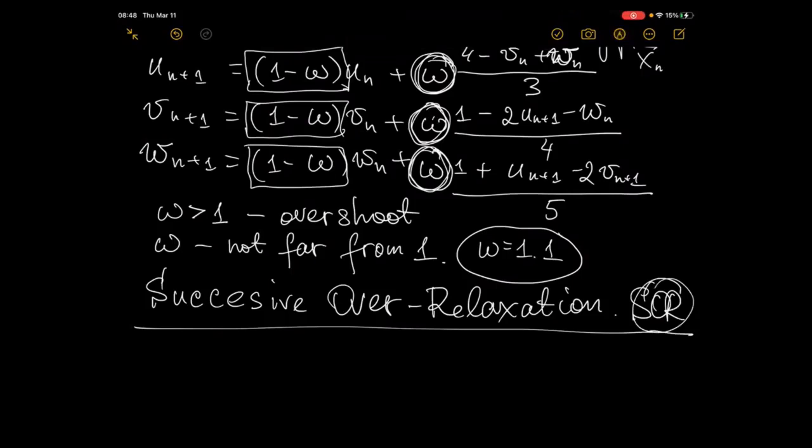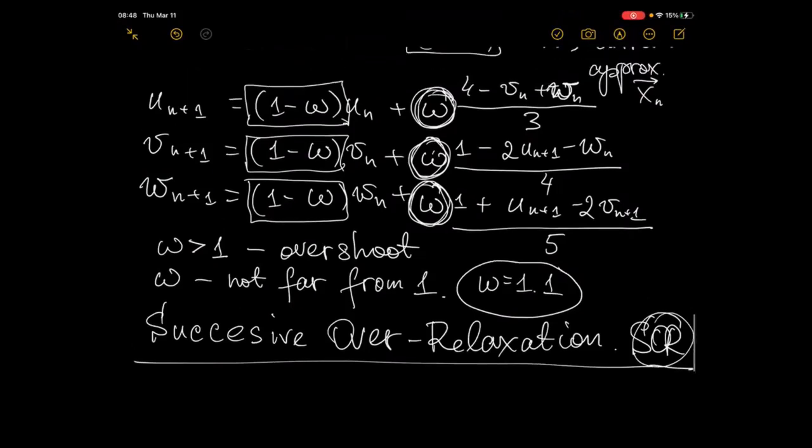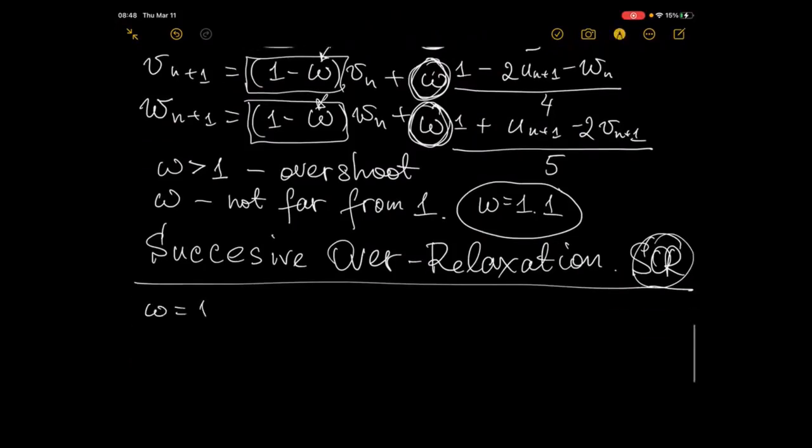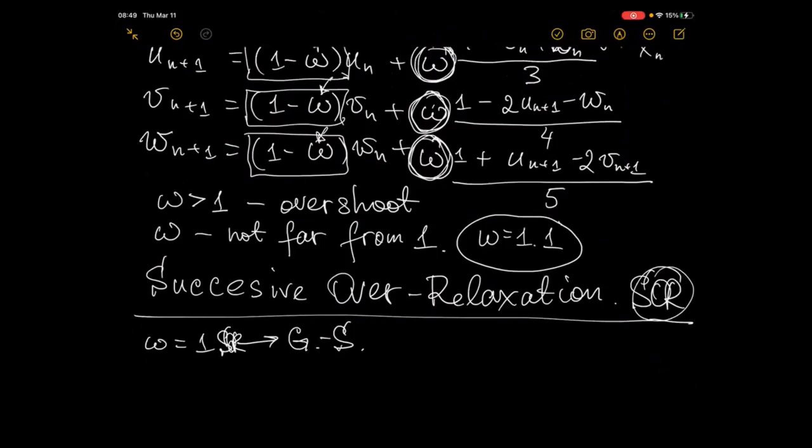In a way, you can say that this is a generalization of the Gauss-Seidel method, because if you choose omega equal to 1, these terms will turn to 0. So when omega is equal to 1, successive over relaxation turns into the Gauss-Seidel method, right? Nothing else. You are just trying to go a little bit further toward the solution. Okay. Any questions here?